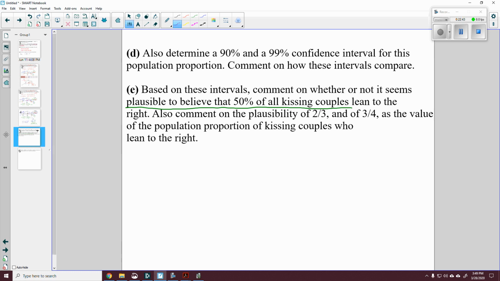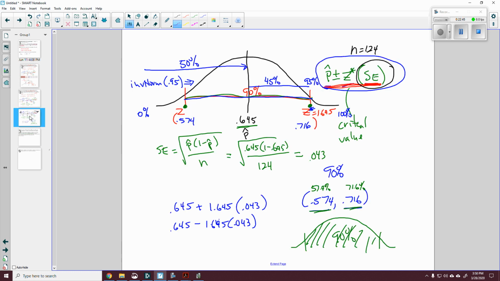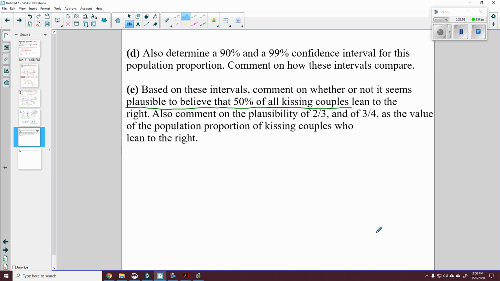Well, I'm looking at my pictures, and I'm thinking, 90% of the time, it's going to be between 0.574 and 0.716. 0.50 is way out of the confidence interval here. So no, I don't think it's plausible to believe that 50% of all kissing couples lean to the right. I don't think that's the case.